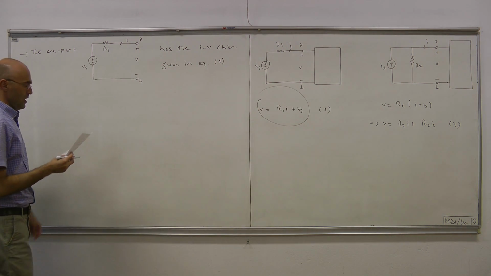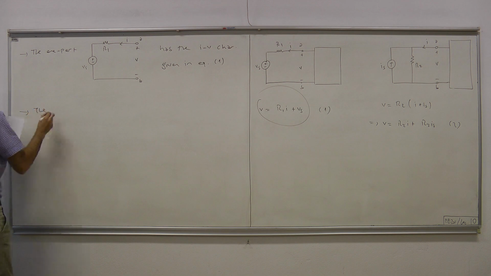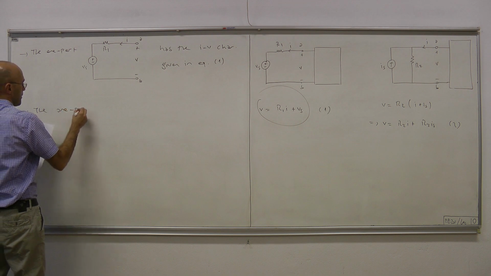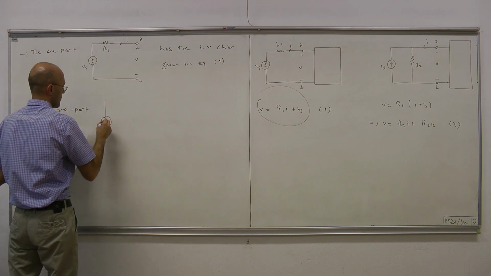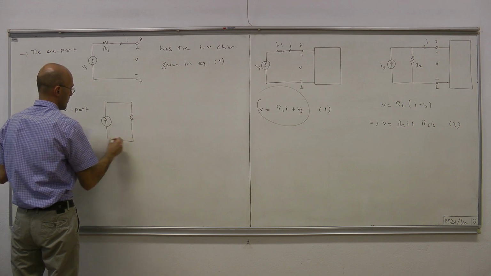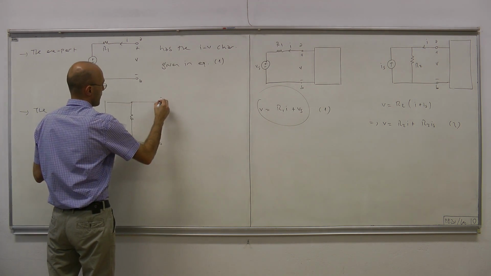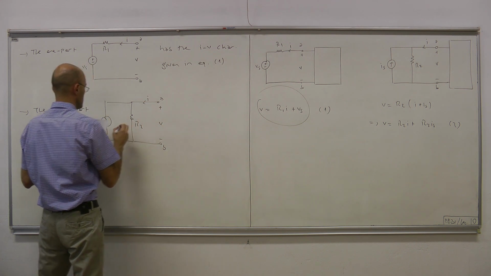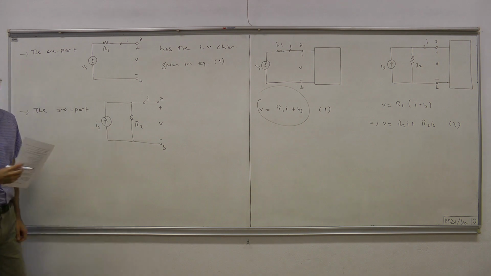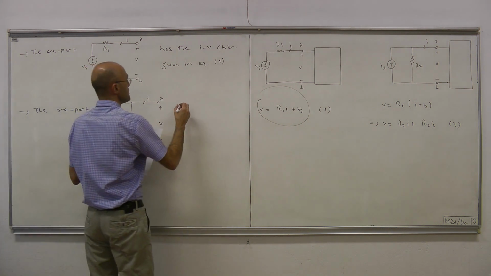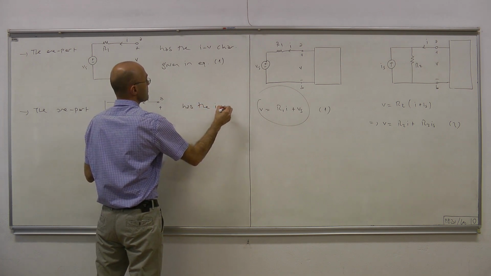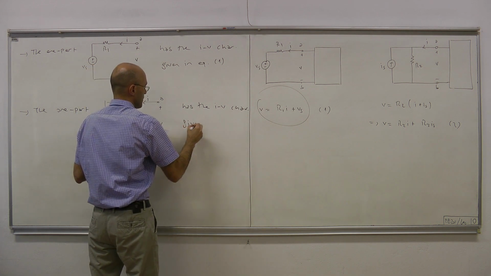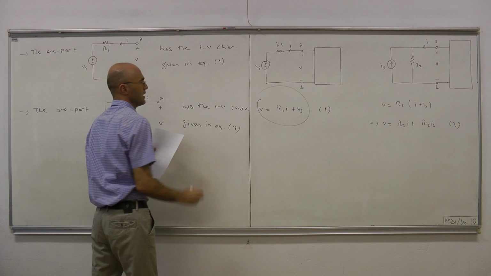And likewise, the other one port, the one on the right, with I, V, R2, and IS, has the IV characteristics given in equation 2.